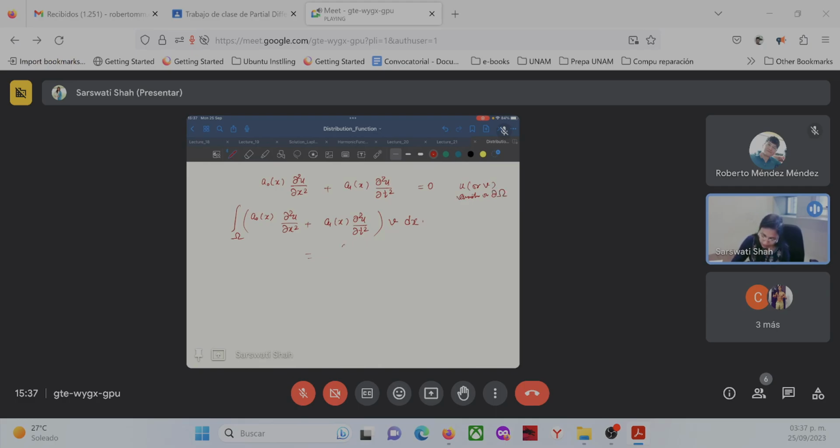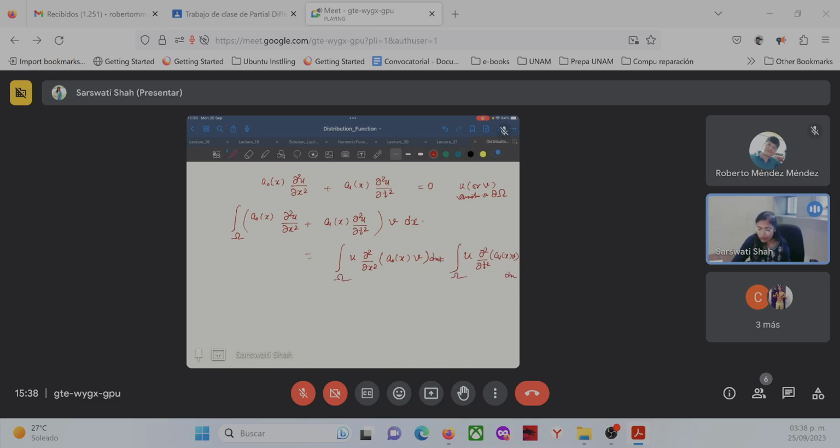So this integral will be integration of u del 2 over del x square of a naught x v, plus integration of u del 2 over del t square of a1 x v, d of x over omega.